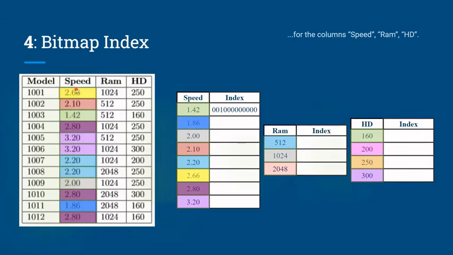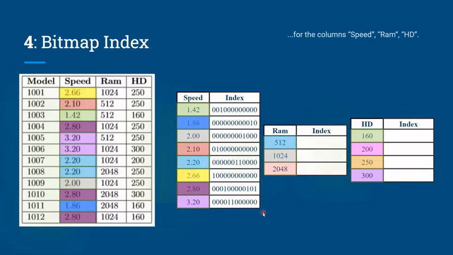So 1.86 would be all zeros up to the 1 before the last one, 1, 0. What about 2? 2 would be 0, 0, 0, 0, 0, 0, 0, 0, 0. Not 0, this would be 1 because here is 2. Then 0, 0, 0. And so on. So for example, let's take another one, 2.66. It exists in the first record only, so that'd be 1, and the rest are zeros.